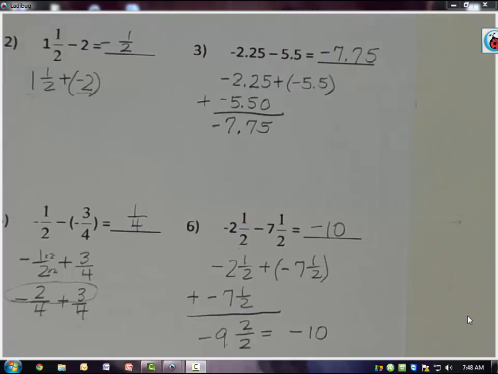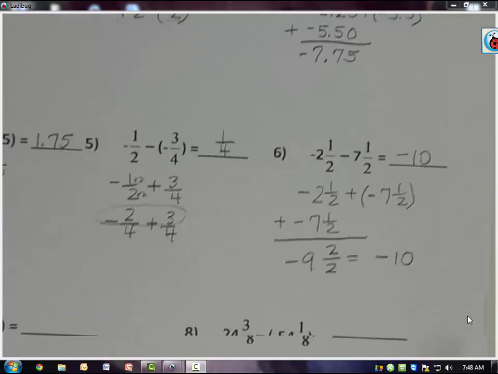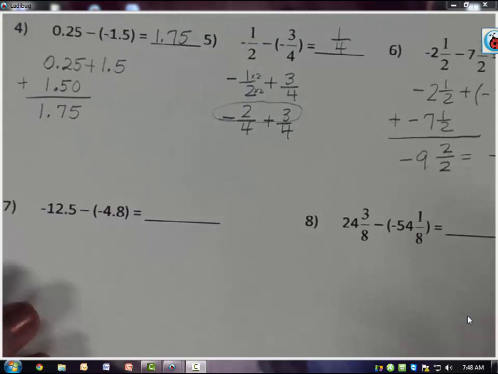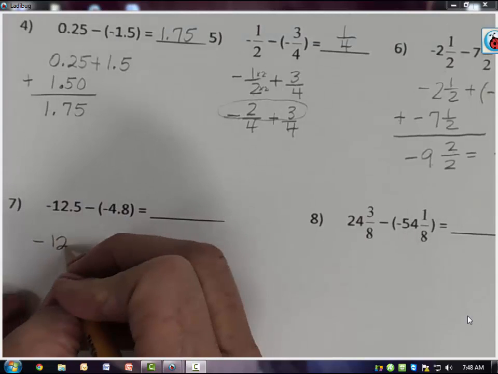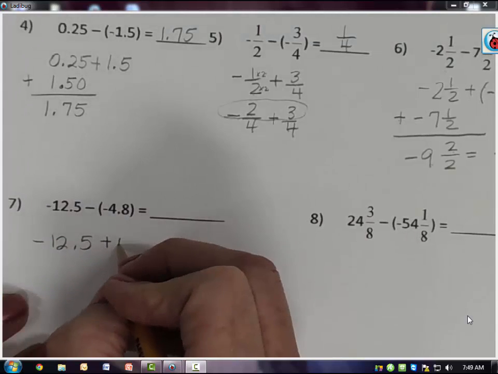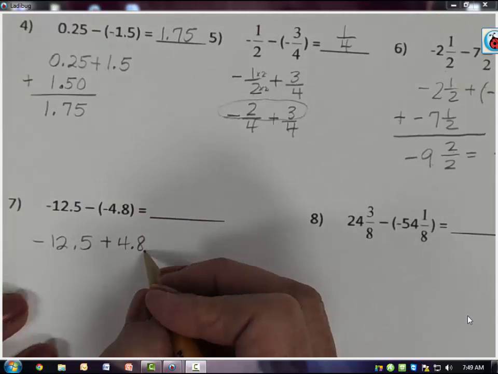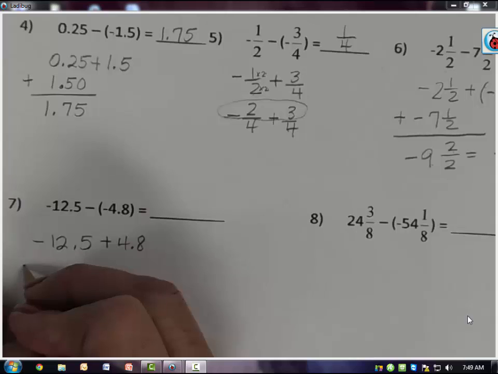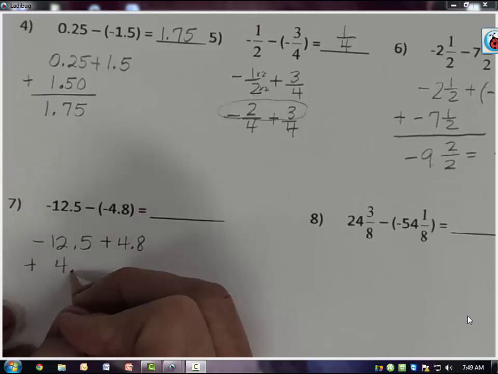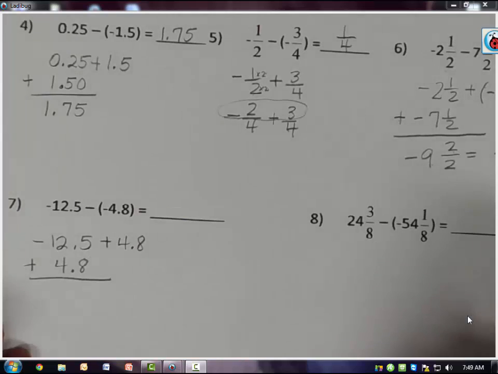Number 7, negative 12 5/10 plus, and we change the negative 4 8/10 to positive 4 8/10. Underneath we're going to put plus 4 8/10, lining up the decimals. We have different signs. Different signs, find the difference.